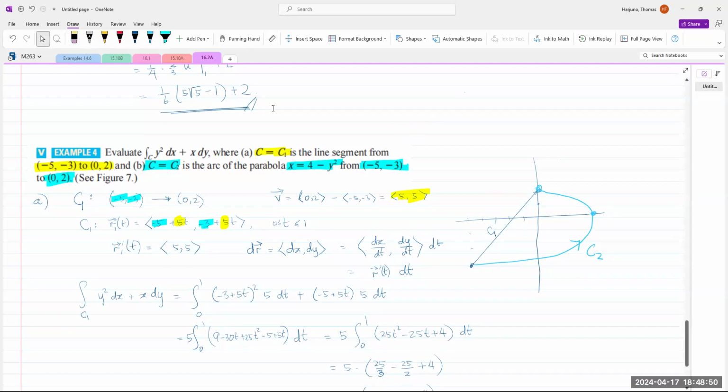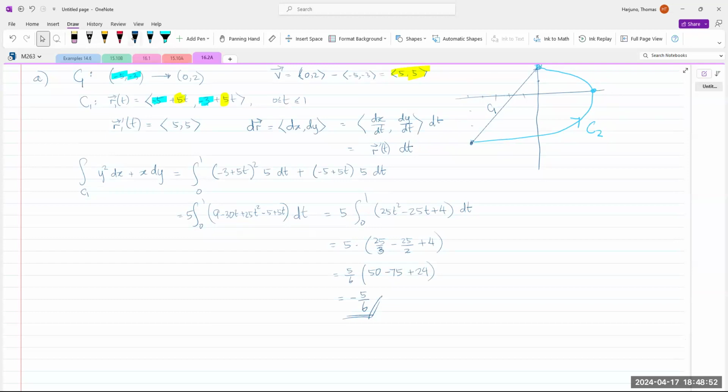One of the keys is we still need to find the parameterization for that C2. We get x equals 4 minus y squared, where x is a function of y, right? So we can say that our r2(t) equals, let's use y as our parameter, and our x follows from there.